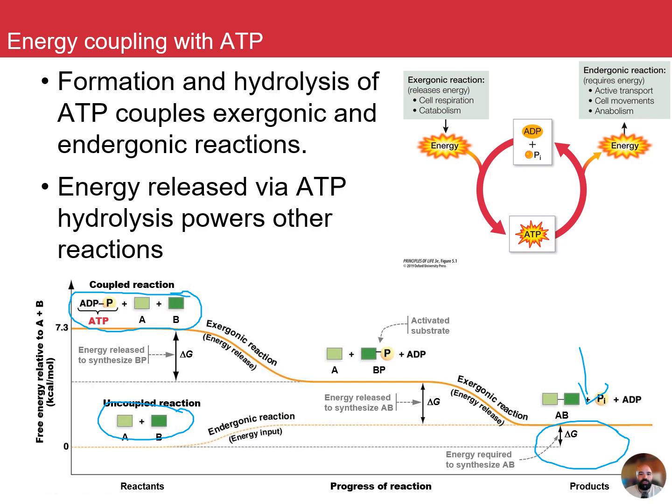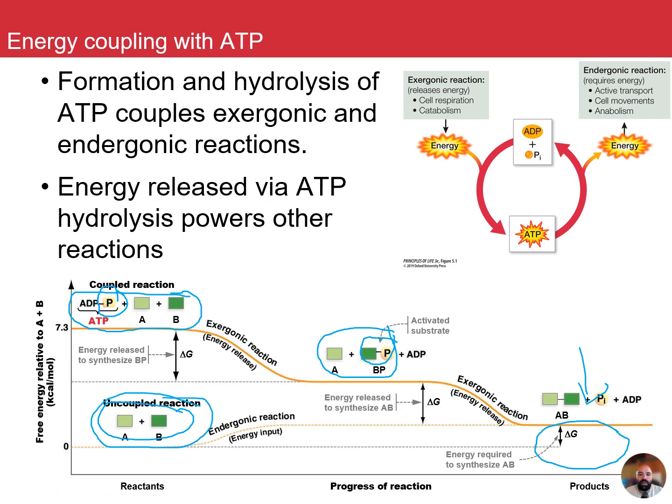So when ATP hydrolysis occurs, we get a free phosphate group, right? That phosphate is going to break off, and it'll bind itself to one of these reactants. As a result, we have higher potential energy reactants than we normally would, like we had down here.